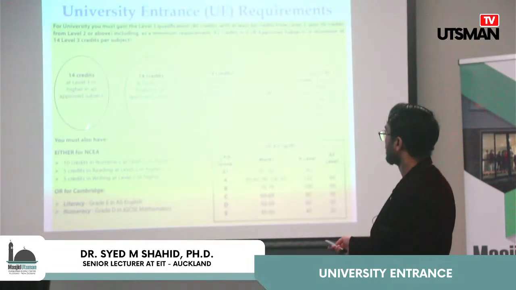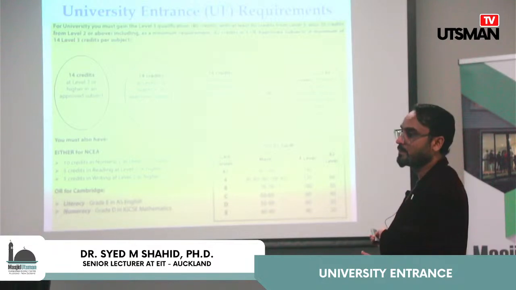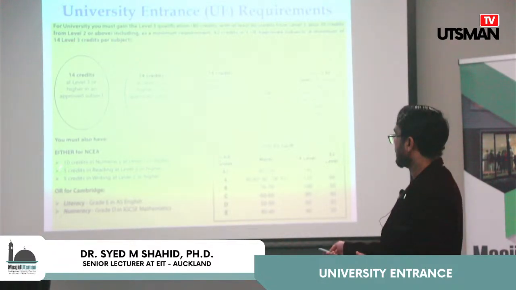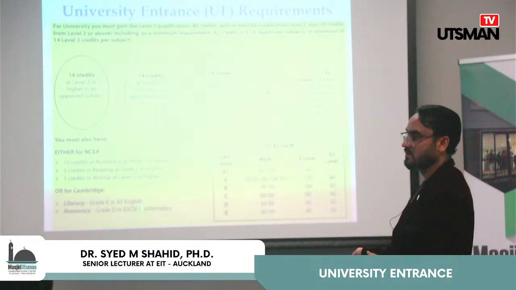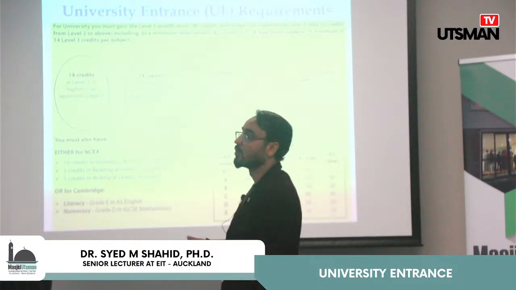Why? Because you have to have 3 approved subjects for credits each, or 3 AS level if it's coming from the Cambridge system. And then 10 credits numeracy, 5 credits reading, 5 credits writing, or Cambridge literacy grade D in AS English, numeracy grade D in IGCSE mathematics, as I just mentioned. And this is what we call the UCAP criteria to calculate your points.